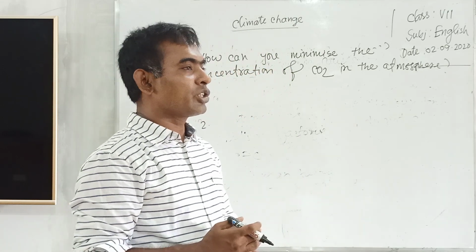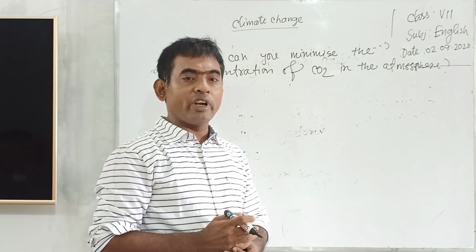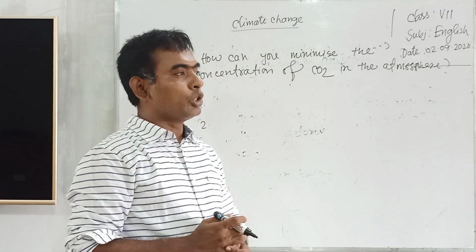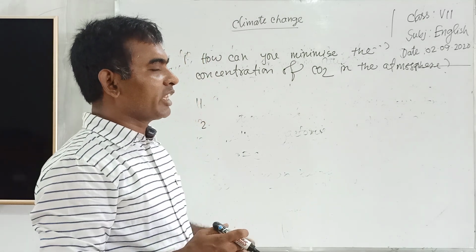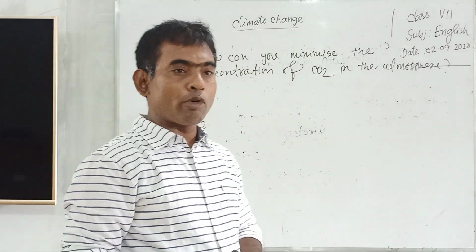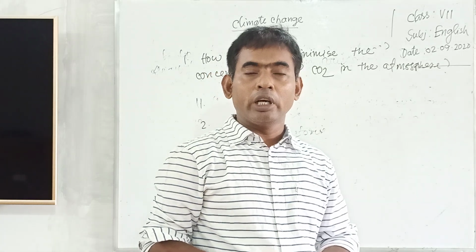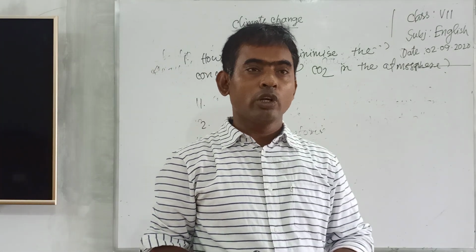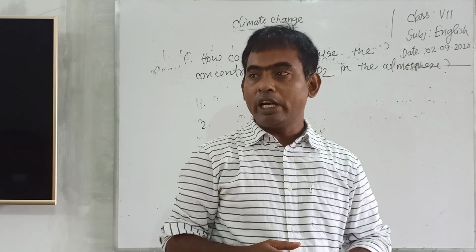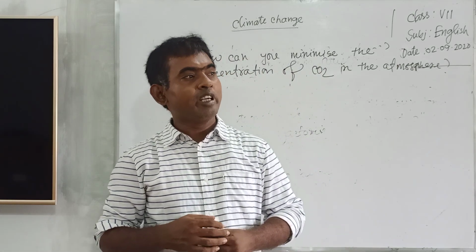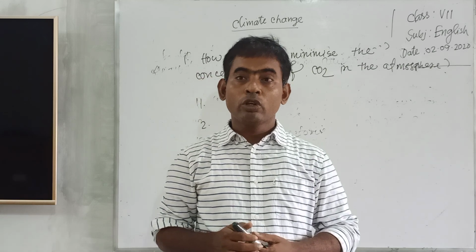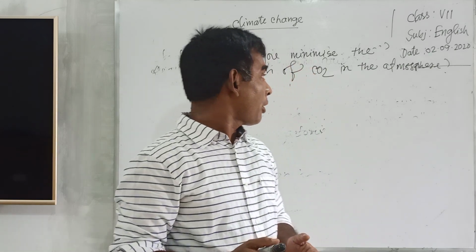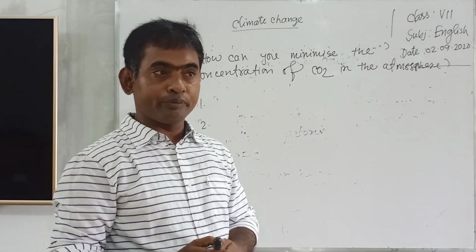And in this case, the mass media can play an important role to make the people conscious about their activities and inspire them not to do any harmful things for our environment. In this way, we can minimize the concentration of carbon dioxide in the atmosphere.